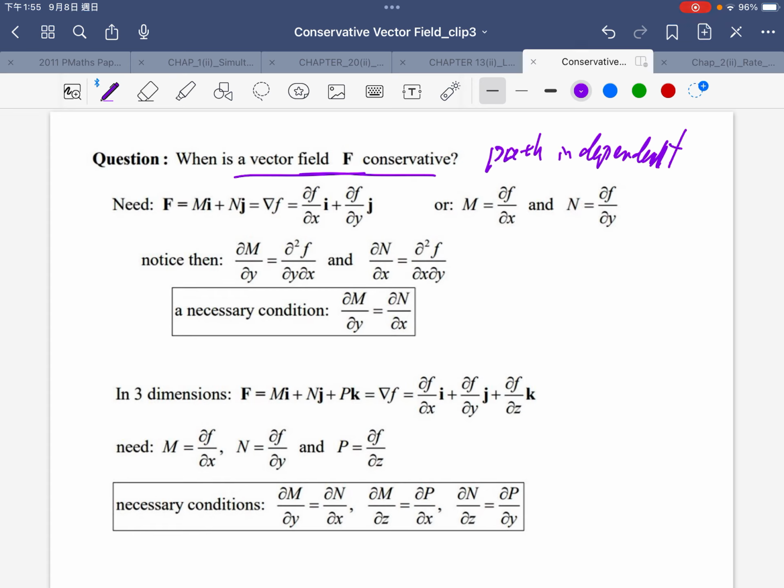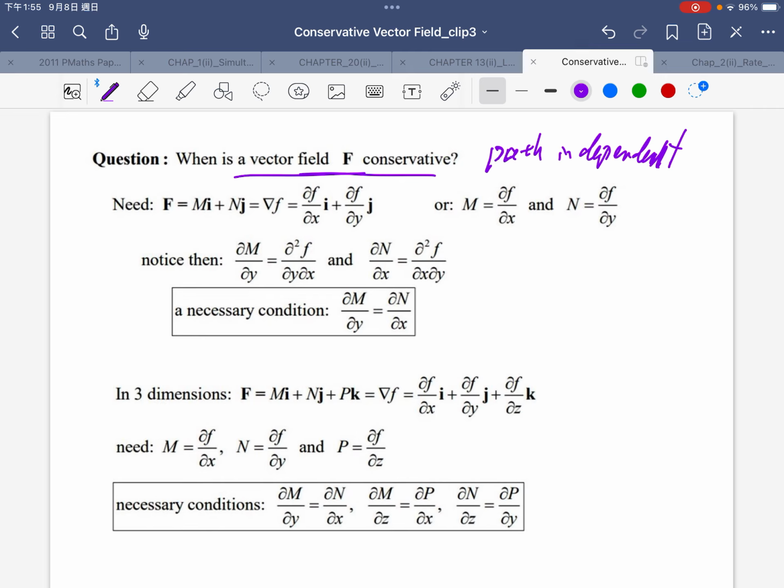Path independent means whatever kind of path we use. Of course, the path is a Lipschitz curve, and the domain is connected. But we don't discuss the detail in here. We only discuss the technical calculation, that is, how to calculate whether a vector field is conservative.